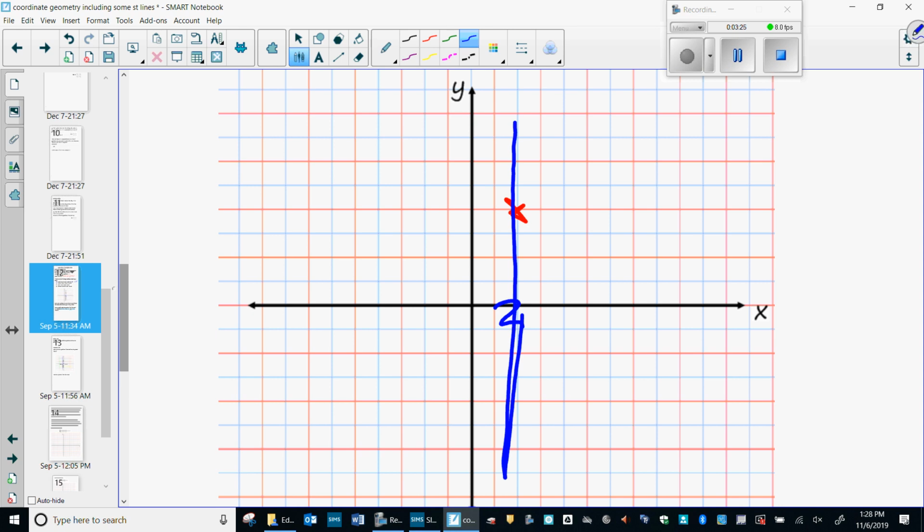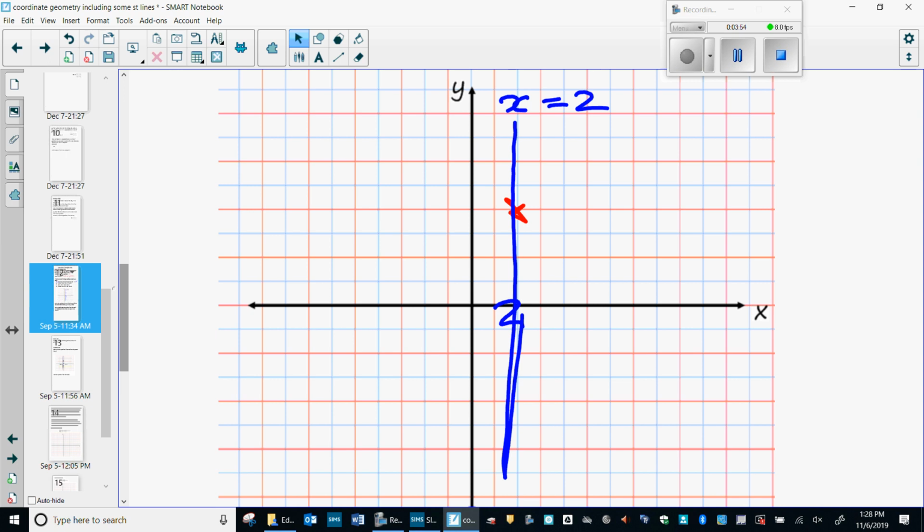That indicates to us that if we were asked to draw the line of x equals 2, that's what it would look like, because all of those coordinates have the x value of 2. The y value is neither here nor there. They would always sit on that line, so x equals 2 would be this line here.